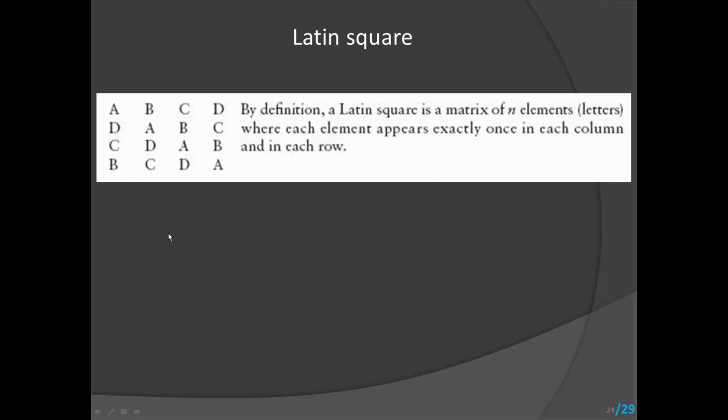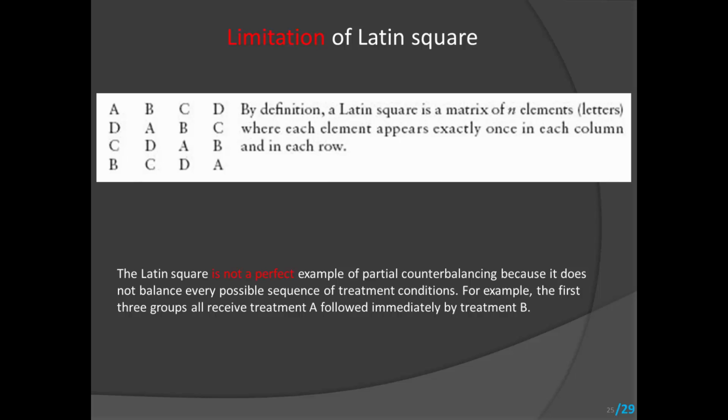But still, as you see, it's possible that we have treatment B right after A in this case and in this case and in this case, and we, for example, never have treatment D right after treatment A. So it's not perfect, but it's a doable and practical solution when we have more than two treatment conditions.